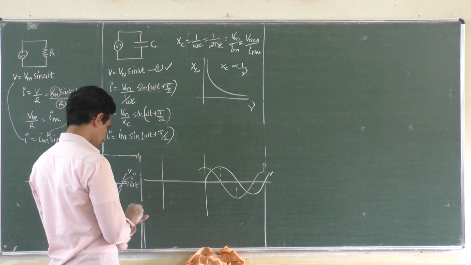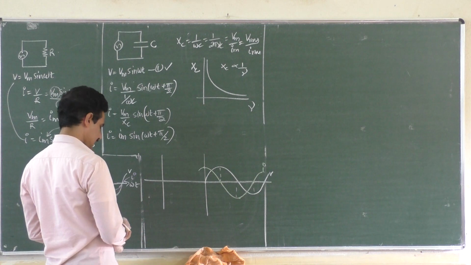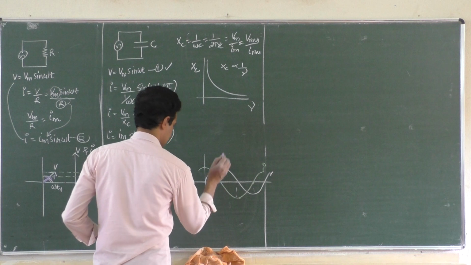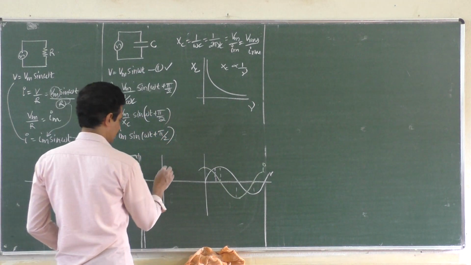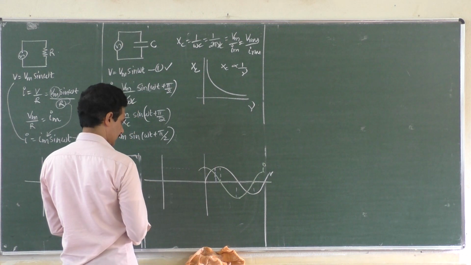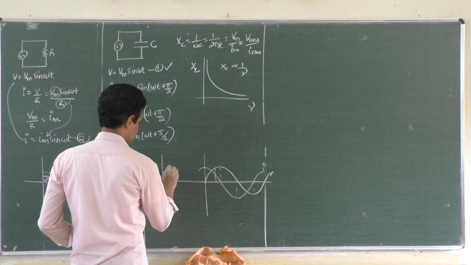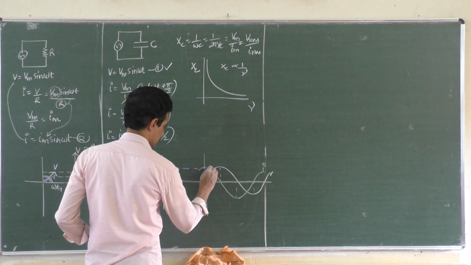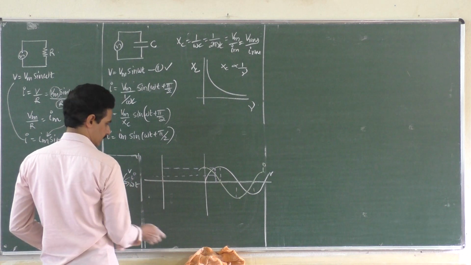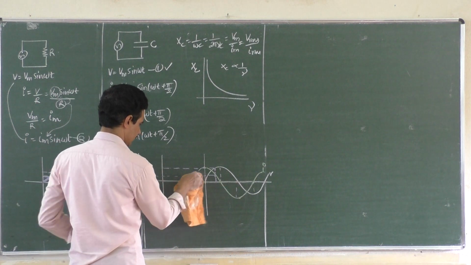Now cut it at any instant. I will cut it at this instant, like this, and find out where the phasors are, that means the vectors which represent current and voltage. Here it is like this, and here it is like this. Oh, it's going down.